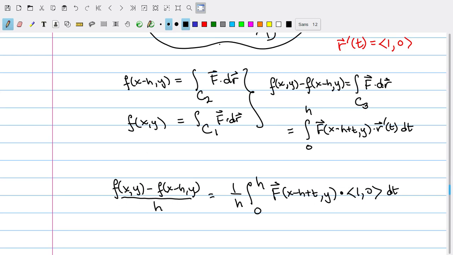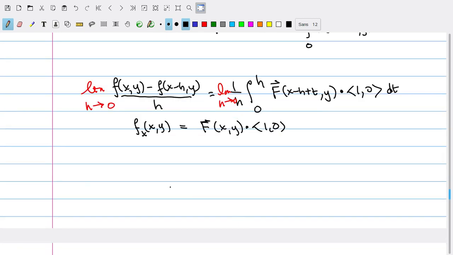And if I take the limit as h goes to 0, on the left-hand side, I'm getting the gradient of little f at x, y. And on the right-hand side, I just end up with F of x, y dotted with the vector 1, 0. So little f sub x is just the x component of big F.